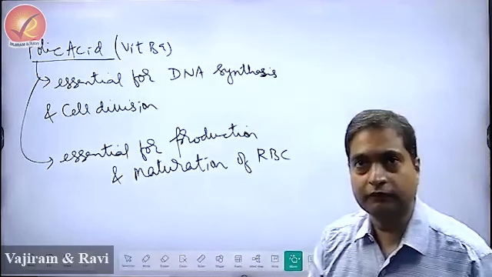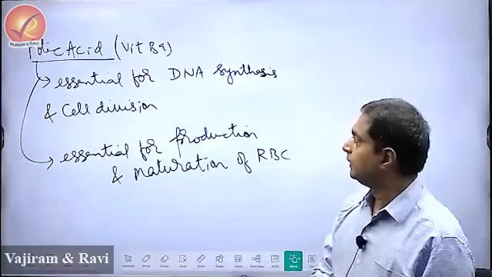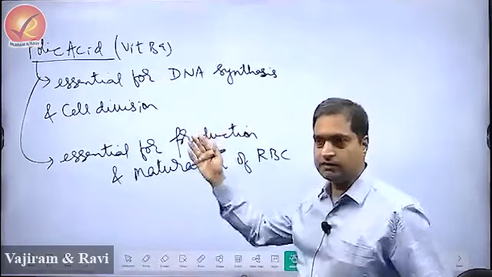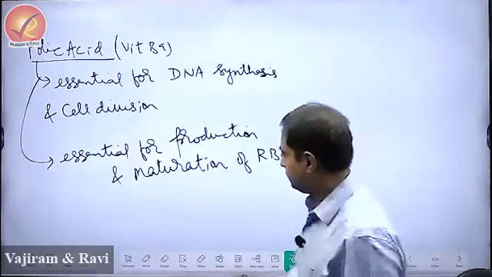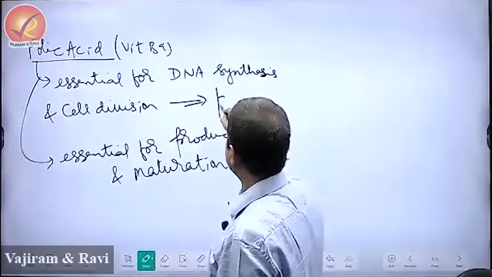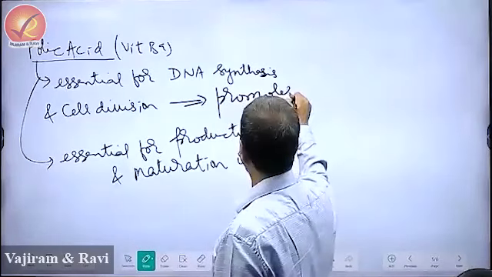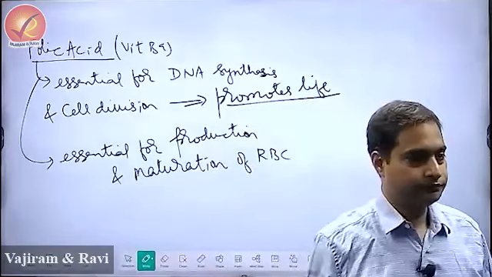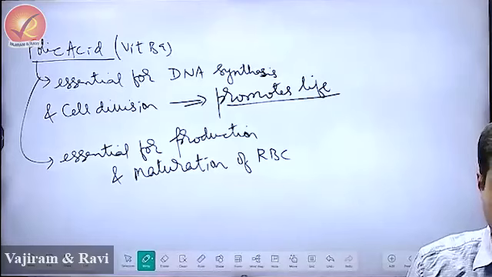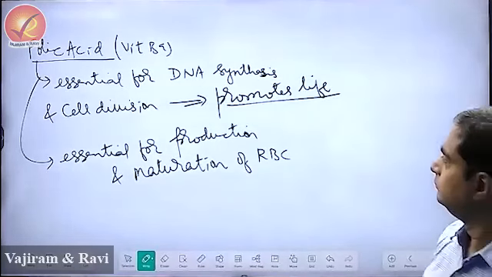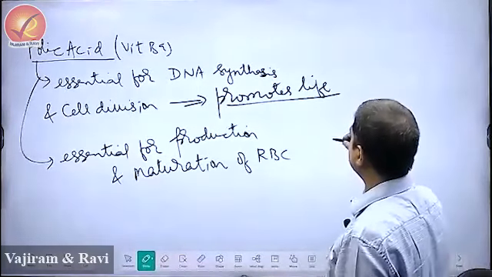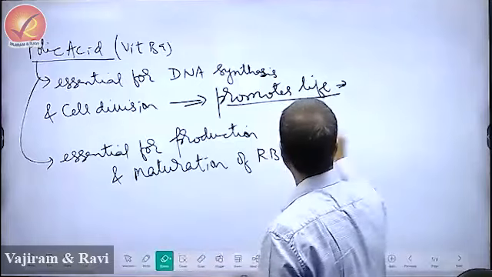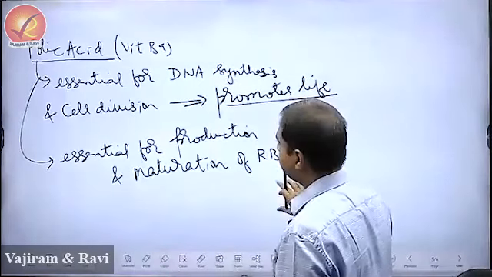So one of the B complex vitamins known as folic acid, vitamin B9, is essential for our DNA synthesis, cell division. This function promotes life. It promotes what? Life. How do we say it promotes life?